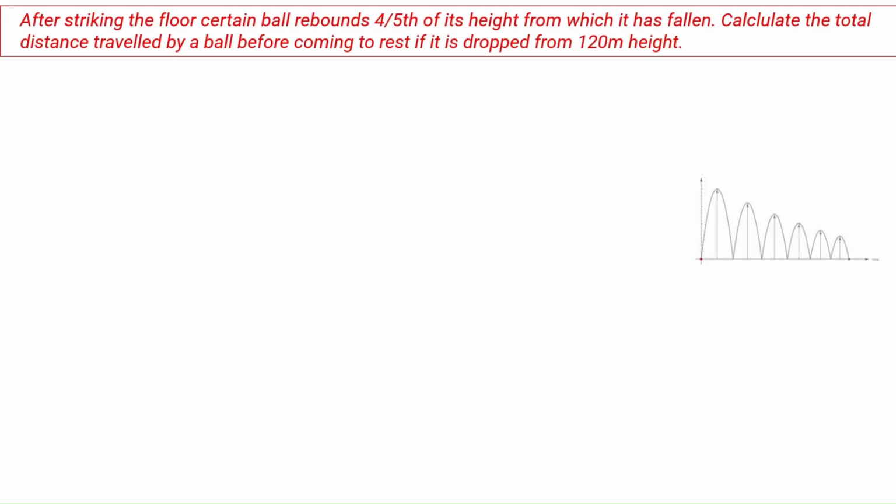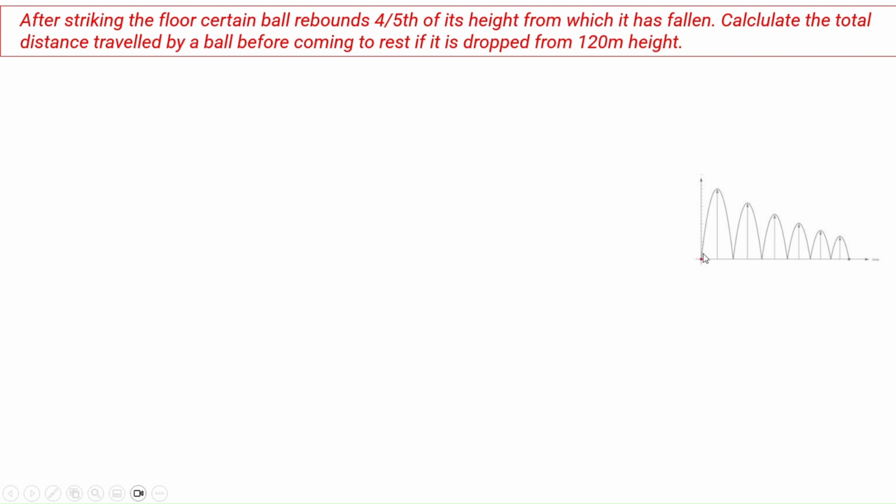Next. After striking the floor, a certain ball rebounds 4/5 of the height from which it has fallen. If you see the diagram, if it is falling from x height, it will rebound to 4/5 of its height and then fall from there.